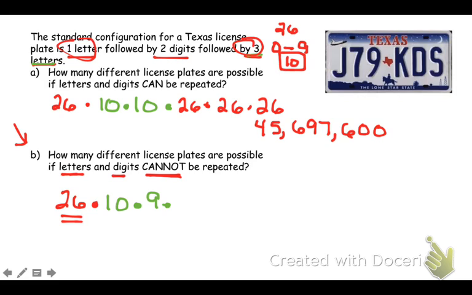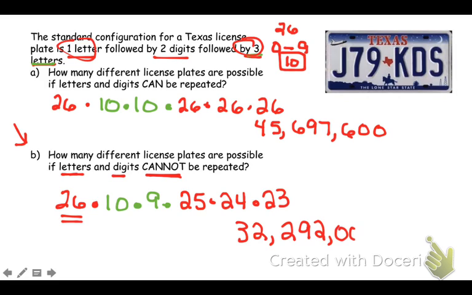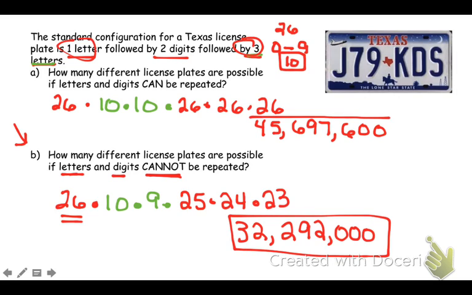We've already used 1, so now it's going to be 25 times 24 times 23. And when we multiply those all together, we get 32,292,000 ways. So you can see that tree diagram would not be a good choice.